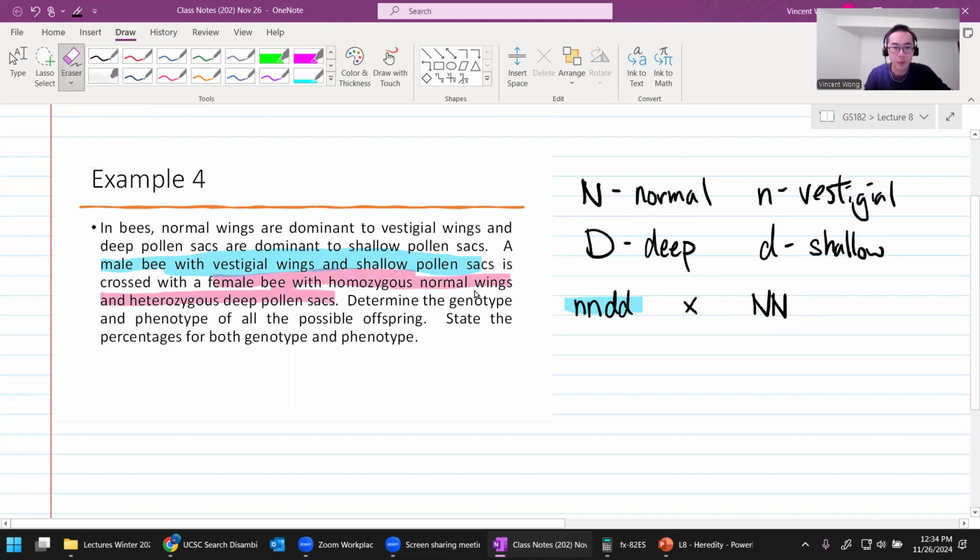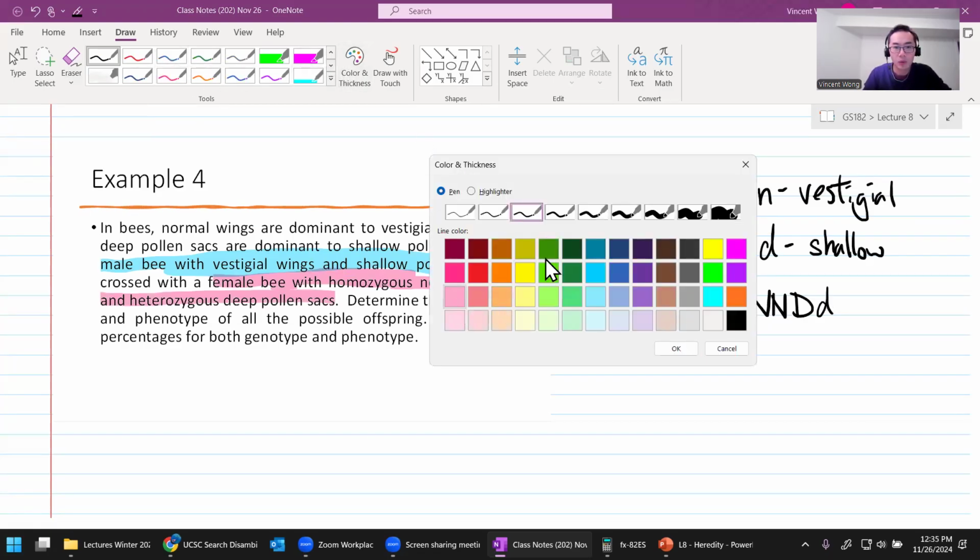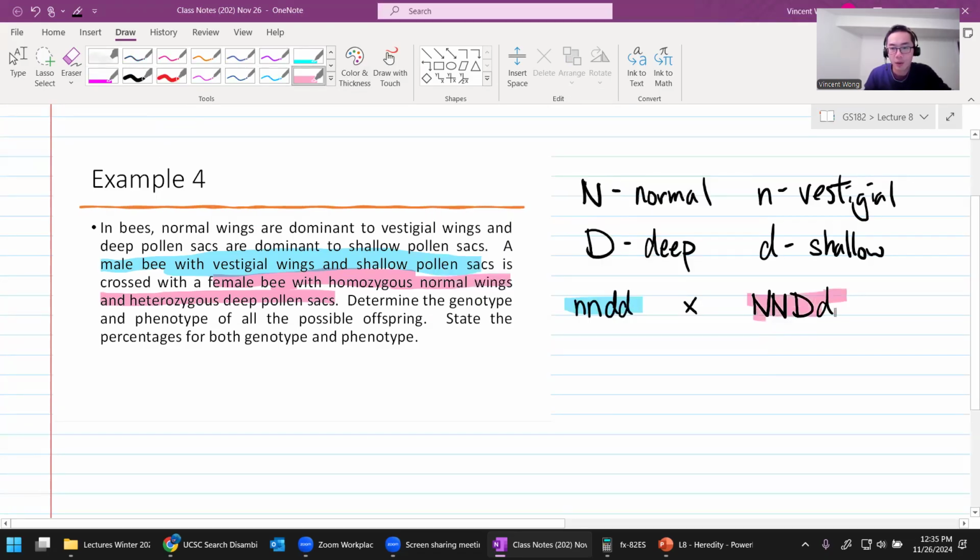Heterozygous would be different. So one capital D, one lowercase d, and that would be the female. Anybody have any questions about how to come up with the genotypes?